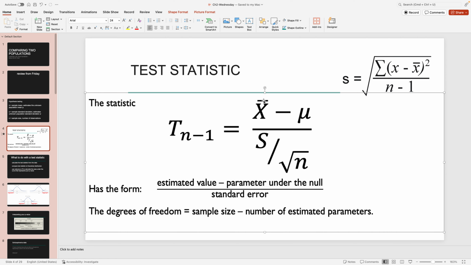If x bar is far from the population mean that is being hypothesized in the null, then this is evidence against the null hypothesis. And this t distribution has lower probabilities the further out it goes from this population mean mu.